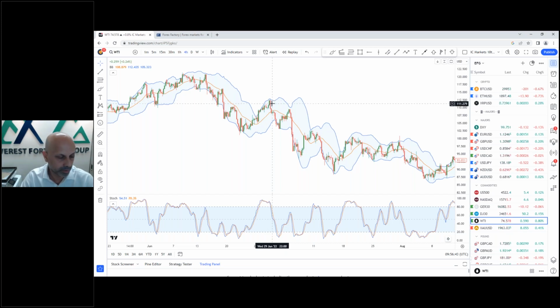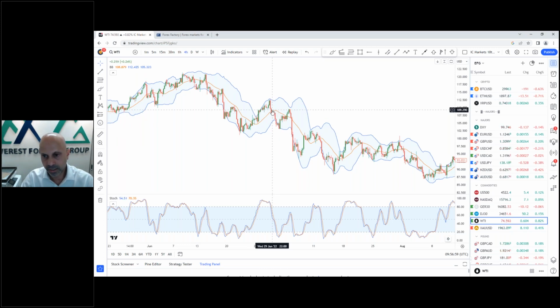So now as a potential entry point to the short side, I can probably say, okay, maybe I will look for price to break through the 20 MA line, and probably place a trade entry at that level.